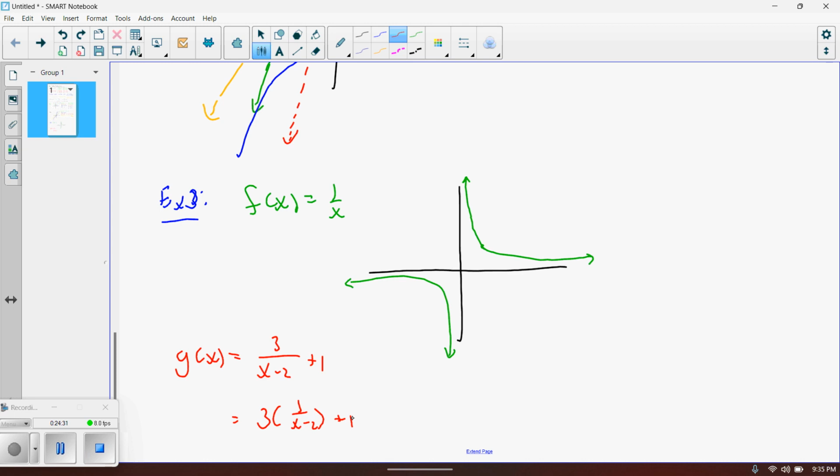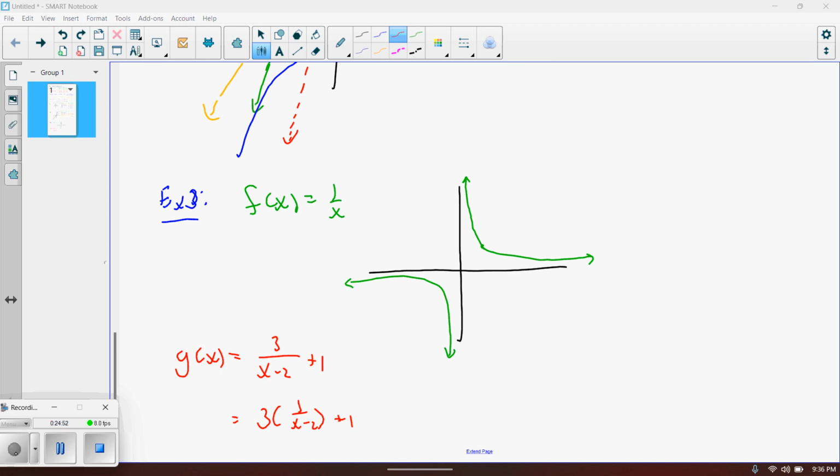So let's see if we can figure out how that works. And I may have slightly misspoke. There is really an order that we should follow these things in. You should probably do your reflections first, if you have any, which we don't in this case. Then you should look at doing your compressions or stretches.